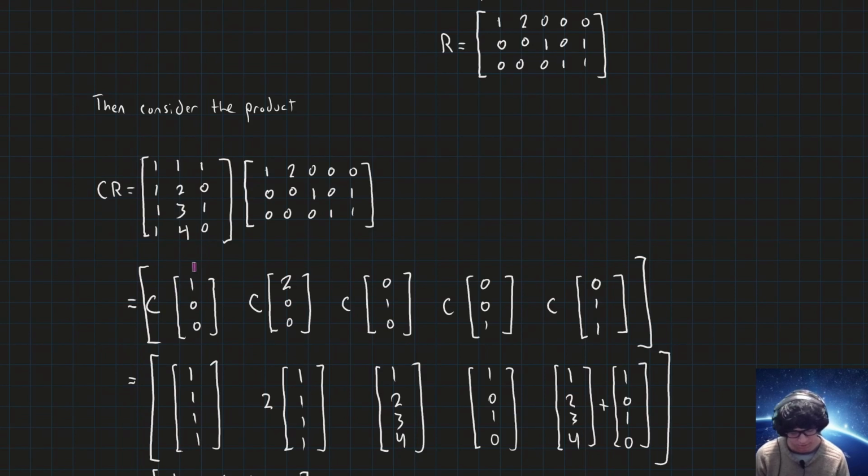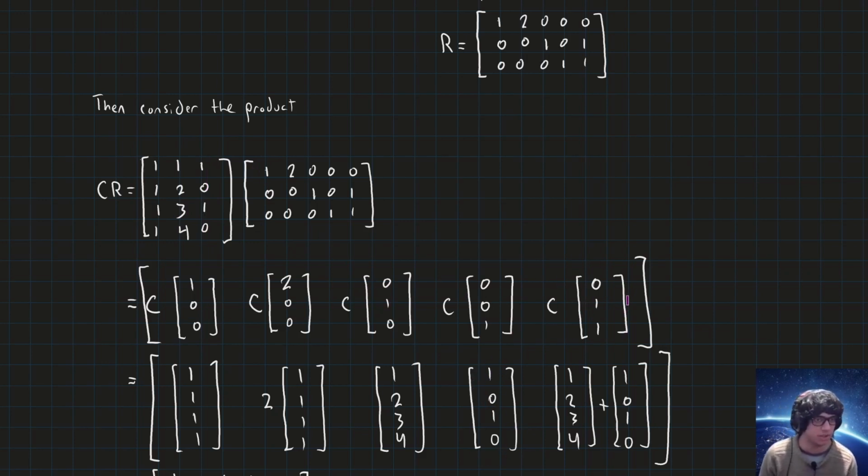The first order is 1 copy of column 1, so this is the result. The second order was 2 copies of column 1, so we're going to multiply 2 times column 1. The third order is 1 copy of column 2, and 0 of the rest. The fourth order is 1 copy of column 3.